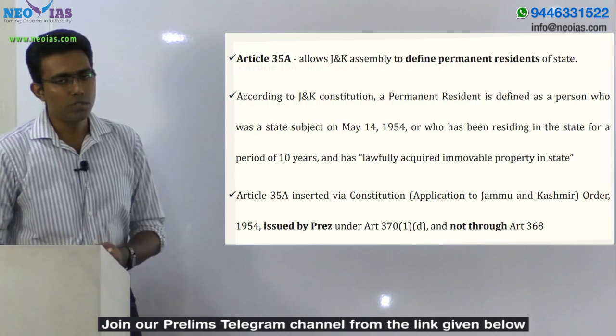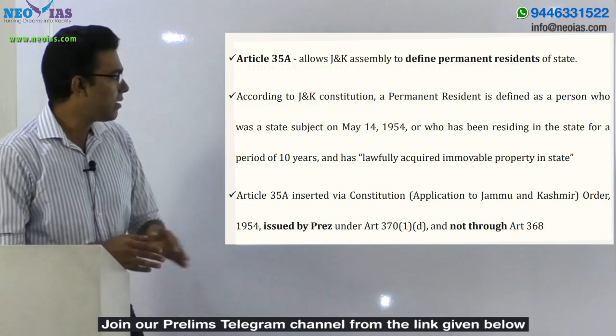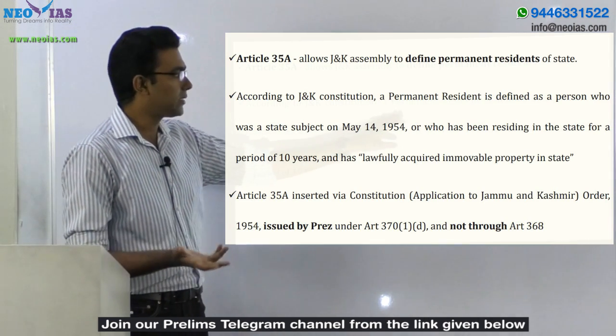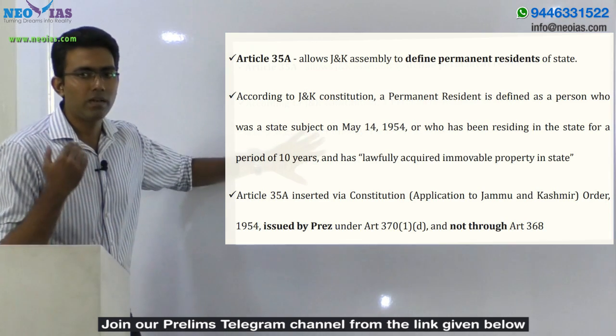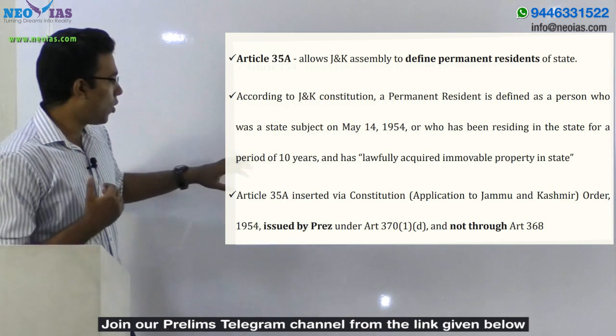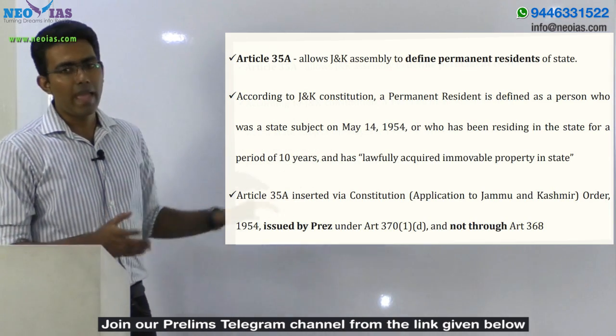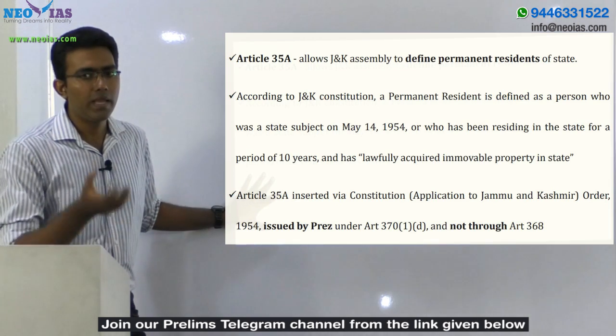According to the Jammu and Kashmir constitution, a permanent resident is a person who was a state subject on May 14th, 1954, or who has been residing in the state for a period of 10 years and has lawfully acquired immovable property in the state.